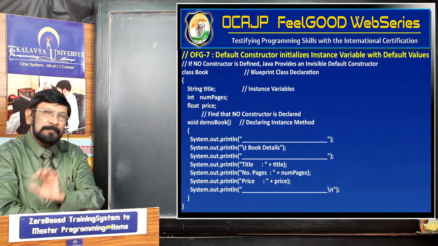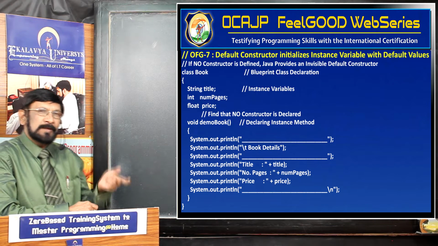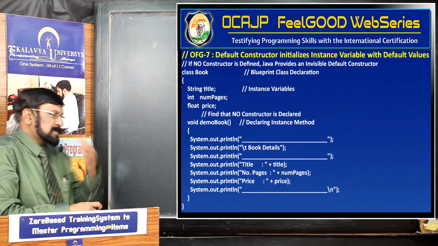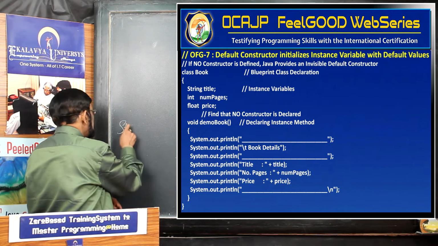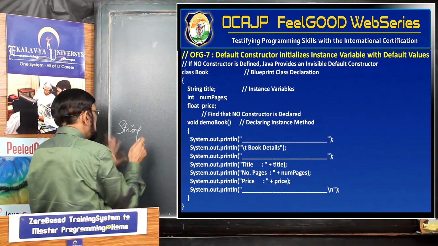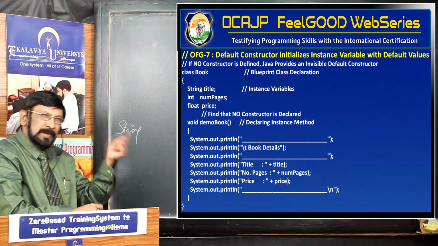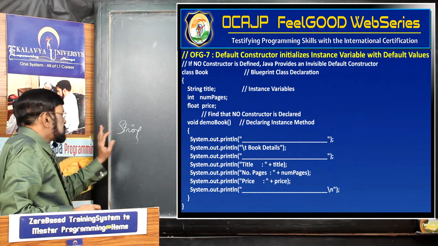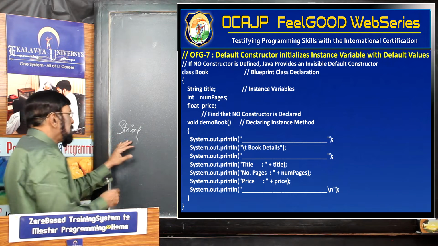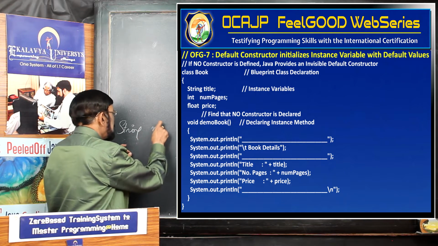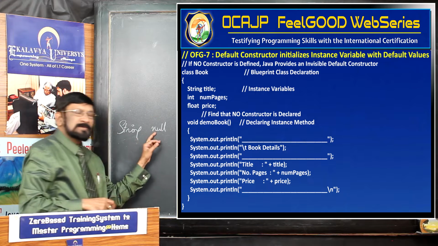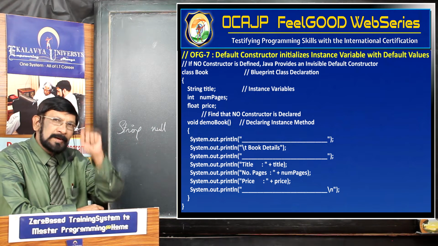Java purposefully fills it with a value. What is that value? You have to understand. Suppose it is a String or any type of object reference, first remember String. If it is a String, then it is initialized with the null literal.